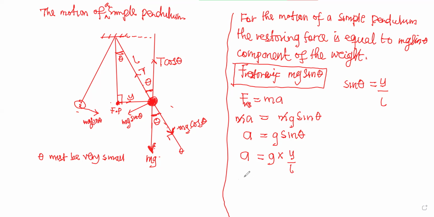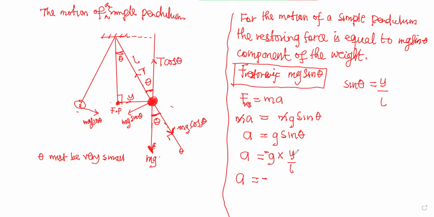This acceleration a is negative. This is because for a simple harmonic motion, the acceleration is always opposite to the displacement.